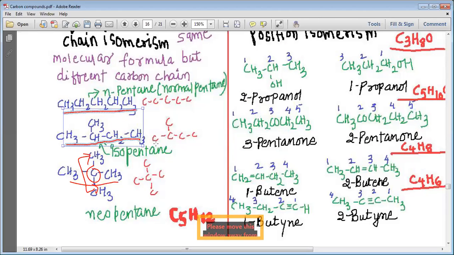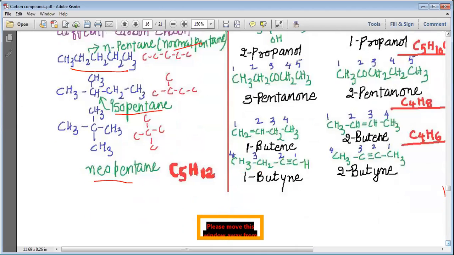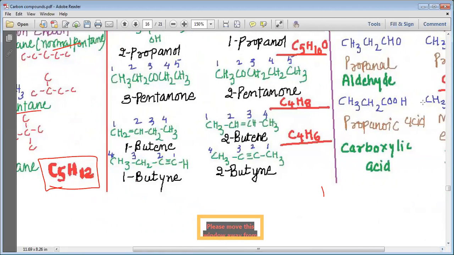So these three are not the same compound. They have different structures. This one is known as normal pentane, this one is known as isopentane, and this one is known as neopentane, my dear students. And this is how we have the chain isomers. If you look at their molecular formula, you will find that they all have 5 carbons and 12 hydrogens. So this kind of isomerism is known as chain isomerism.